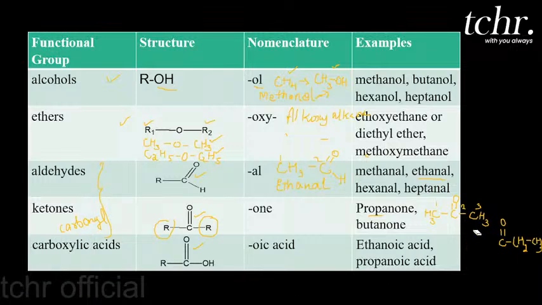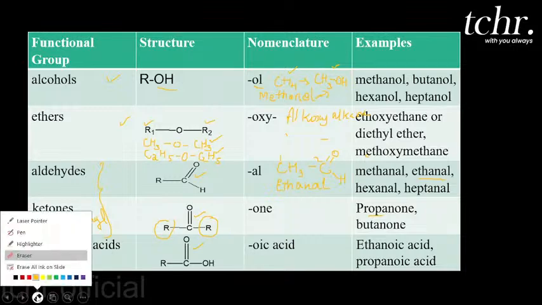See why I am explaining, giving simple examples and explaining how to name these functional groups: because in your second PUC, in each and every chapter, you will be studying in depth about these functional groups. For example, if I take alcohol, now you just know the basics, how to name it and some of the examples.